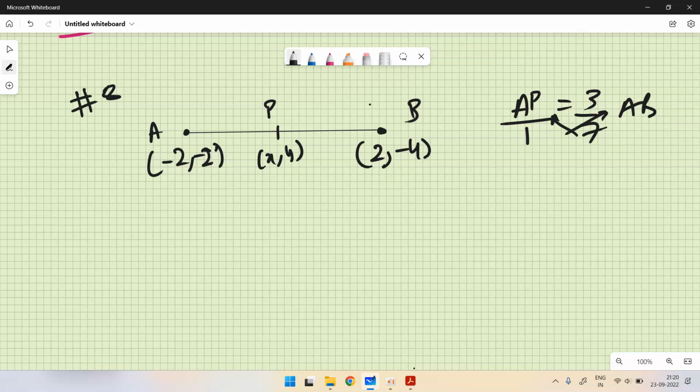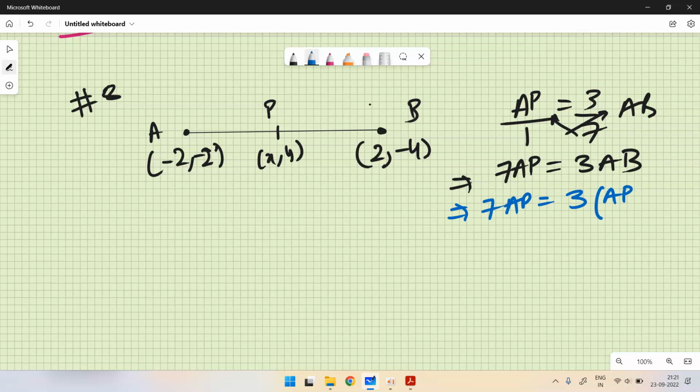So this is 7 AP equals 3 AB. Now what is AB? AB is AP plus PB, because you want to know AP by PB so that you can know the values of m1 and m2. For this you need a relation between AP and PB.